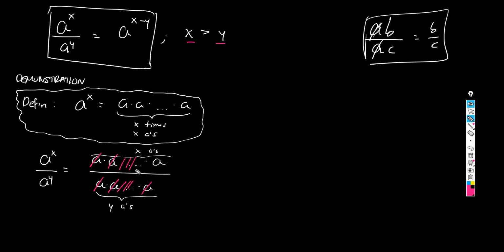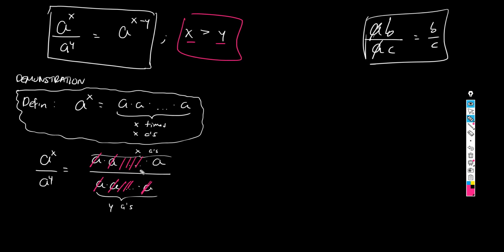And at some point, I'm going to arrive at a certain a in here, and this one will cancel this one. And I'm going to be done canceling all of this first. Why? Because I have more a's on top than I have a's below, because x is greater than y.